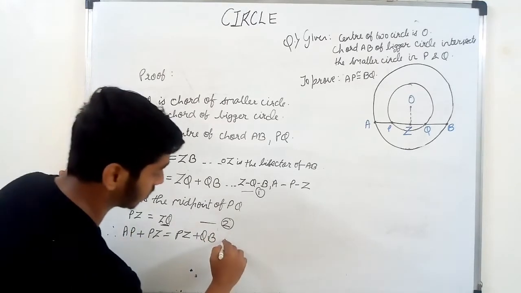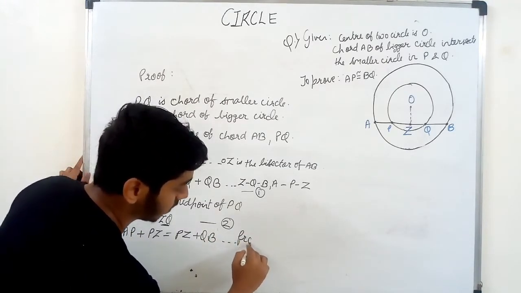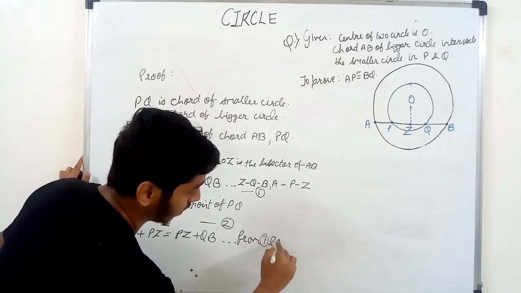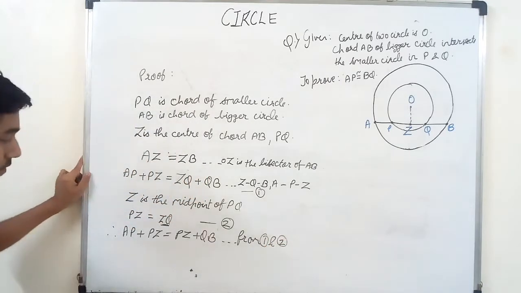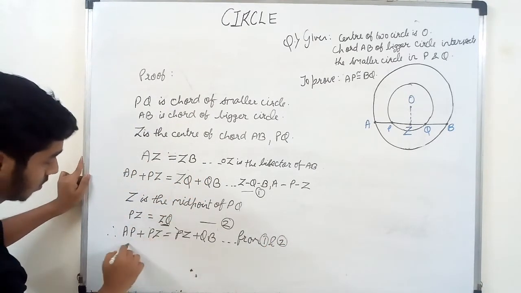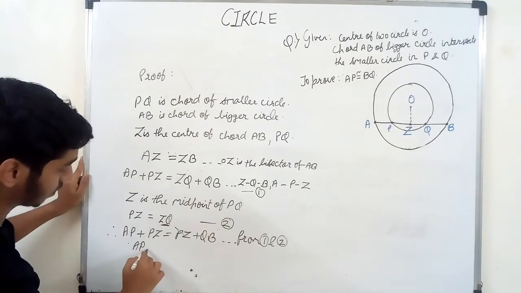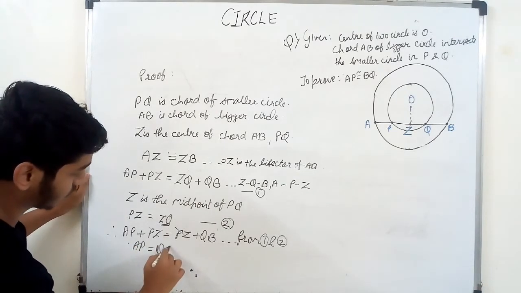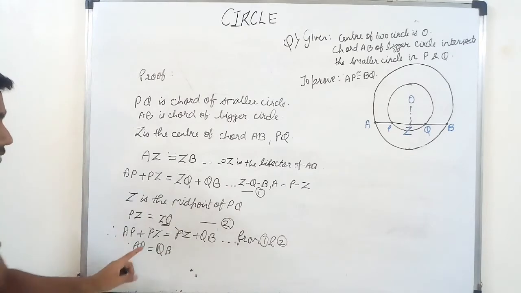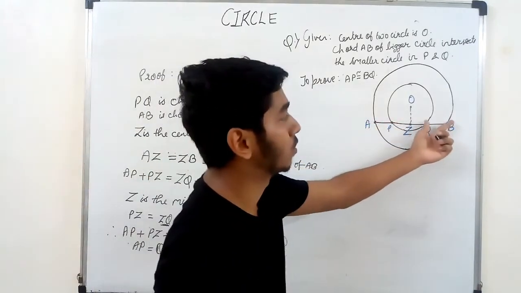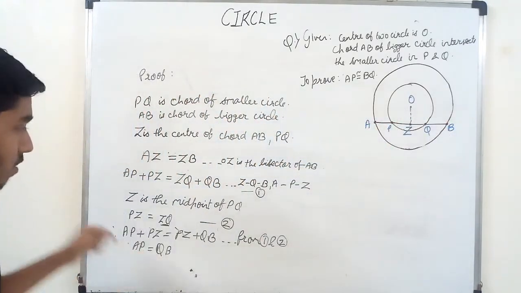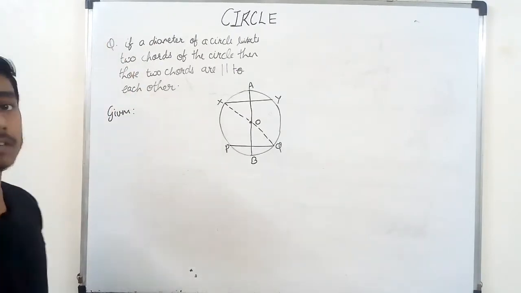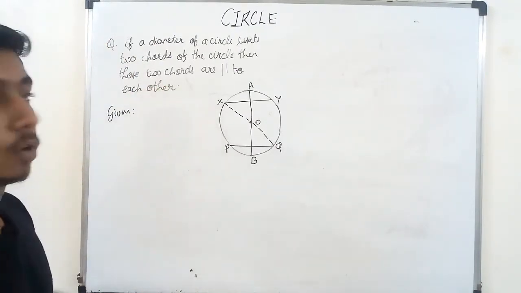Okay, so this is what we get from both 1 and 2. Therefore, PZ goes, you get AP equal to QB. So we got AP equal to QB or BQ. So we'll see one more question here, okay, and we'll end this topic.